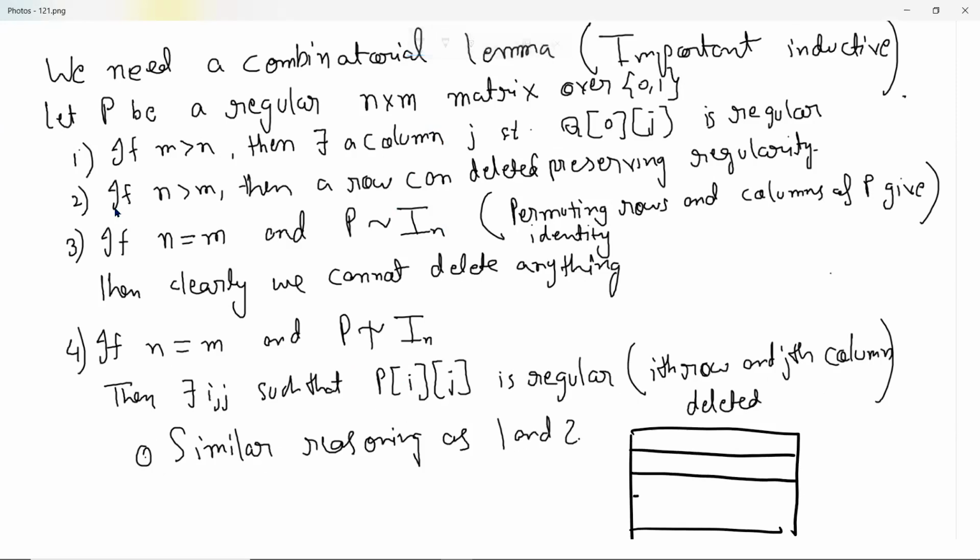It's amazing how very simple lemmas will go a long way in showing that the rank is exactly equal to the lower bound, that is, exactly equal to the maximum of the number of rows and columns, which is interesting.